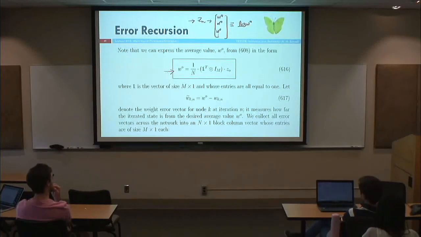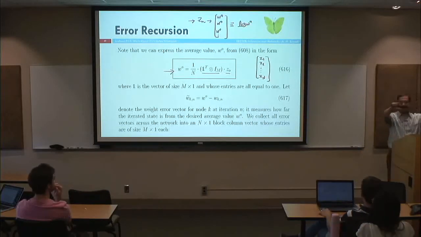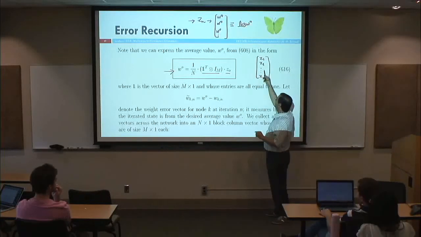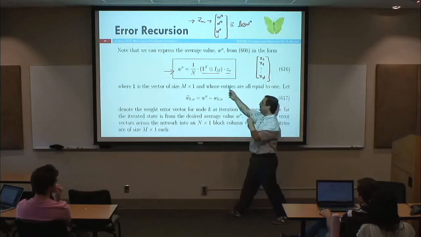Now, what is Z0? Z0 has the x's. I just want to explain that this notation is not difficult. These are the x's, right? What is 1 transpose Kronecker I? It will be a block row with I's. That's what it is, 1 transpose Kronecker I. When you multiply that by the x's, you are adding the x's, divided by n.